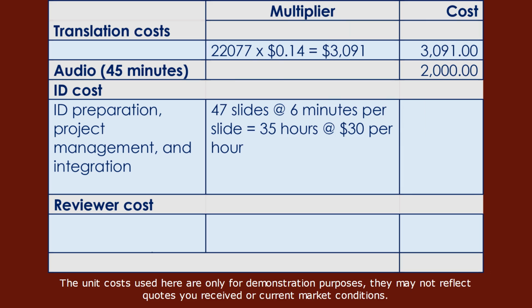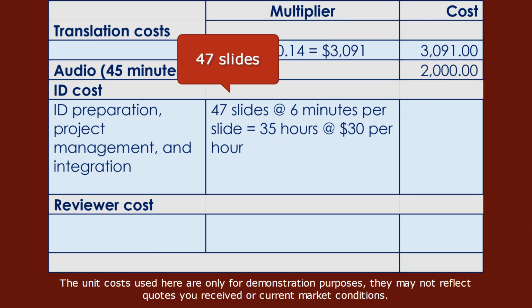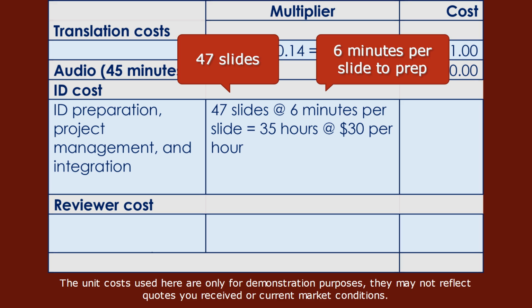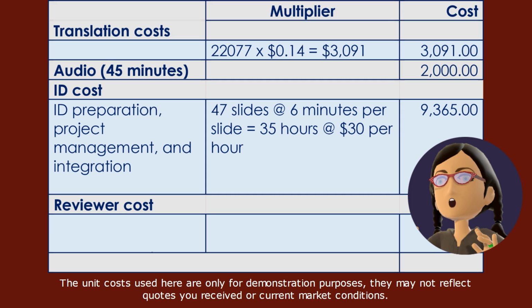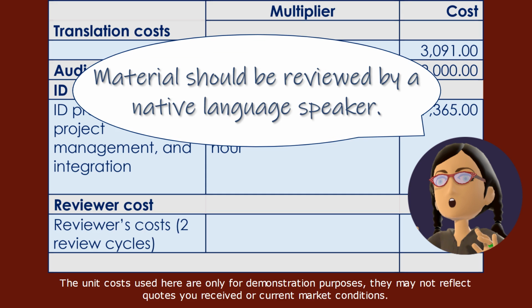This e-learning course has 47 slides, and it takes the ID 6 minutes per slide to prepare the materials for translation. At a rate of $30 per hour, the total ID cost is $9,365.